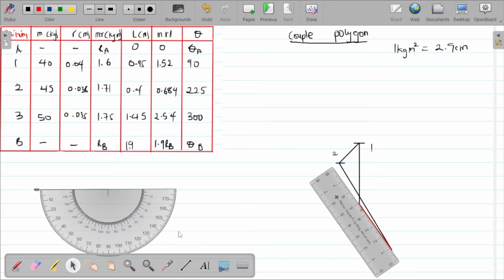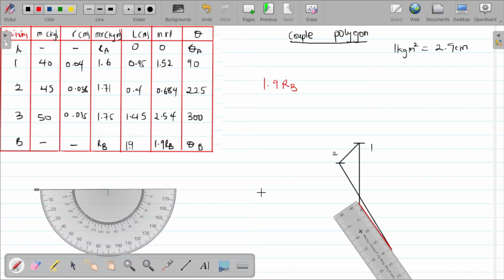So let's take the measurements. You have 4.1, 4.2. So 1.9 RB.